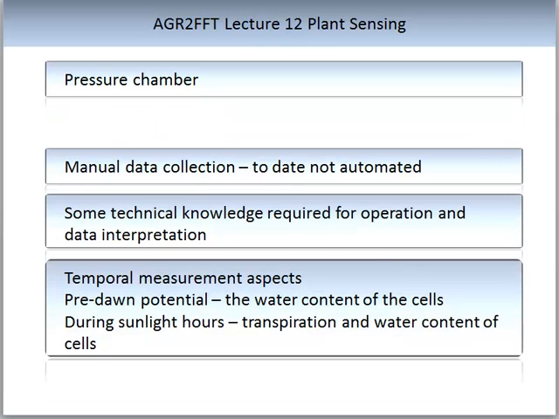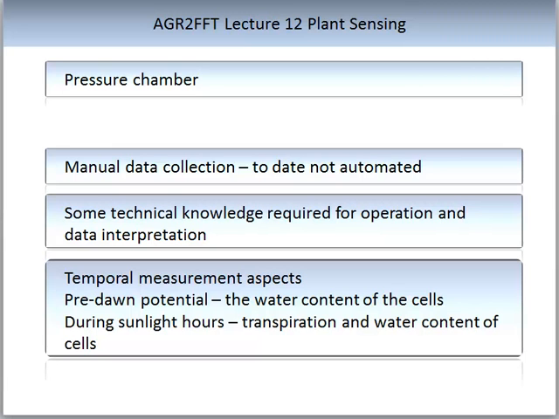Plant water potential using a pressure bomb has not been automated to the best of my knowledge, and it requires manual data collection. Therefore, there is a labour component associated with this sensor. Along with the labour component, some technical knowledge is required for both safe operation and correct operation, as well as interpretation of the data. There are certain temporal measurement aspects. If you measure your plants at pre-dawn, before the sun comes up, the water content of the cells is reflected in the measurement.